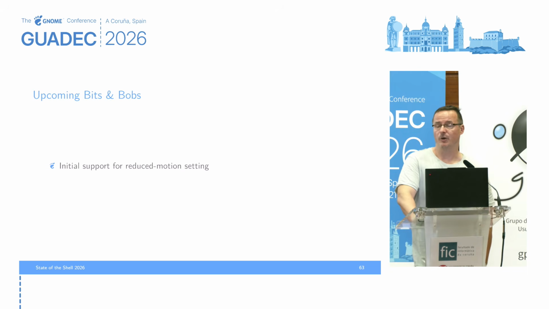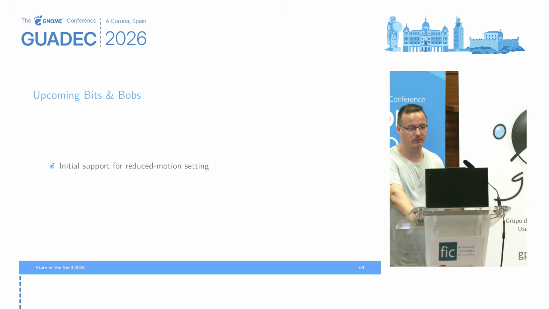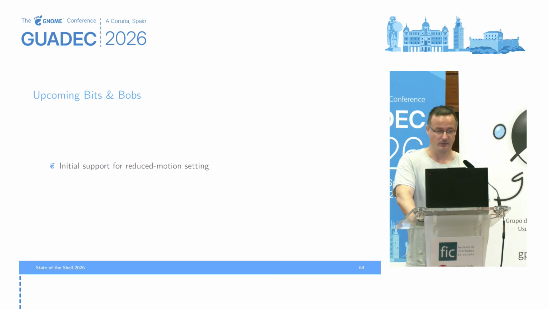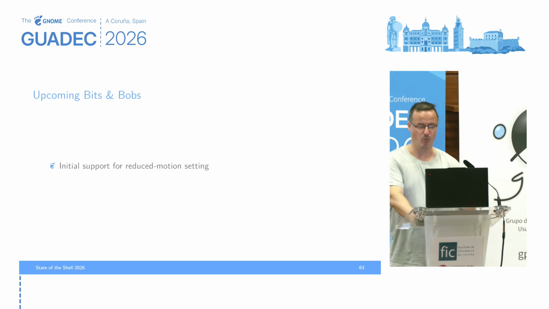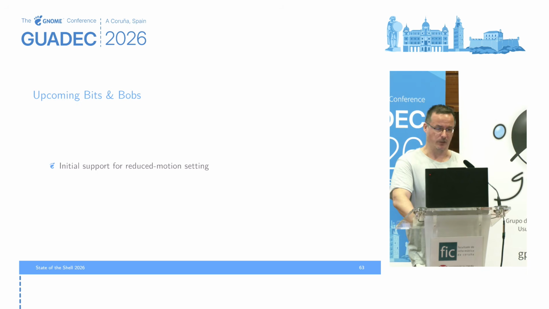Again, some smallish changes that are still probably worth mentioning. There is some initial support for the reduced motion setting. It would be a bigger item if there was more support. It turns out that the main animations we have in GNOME Shell are really, really hard to change.